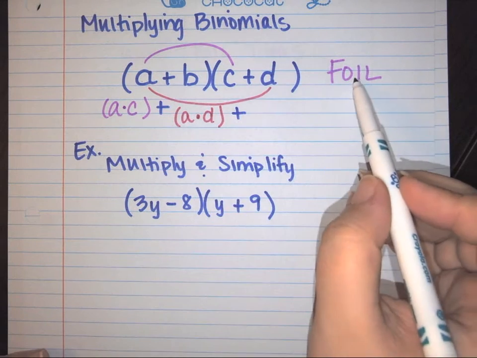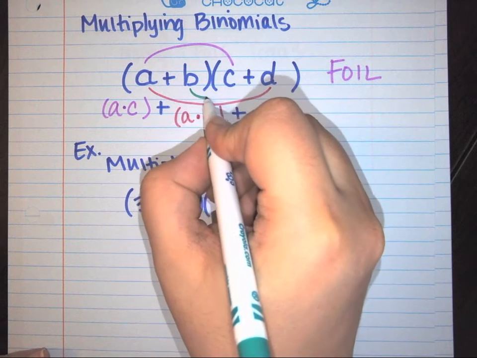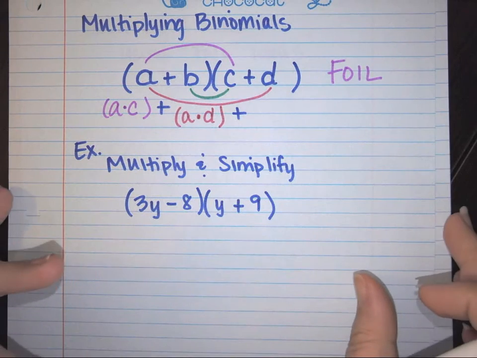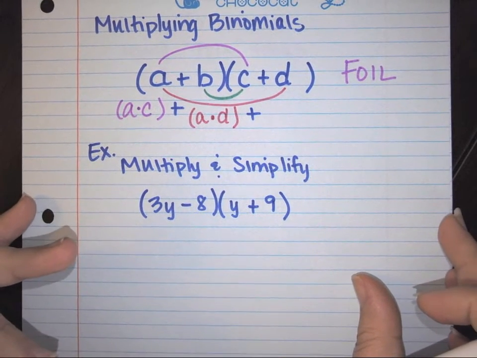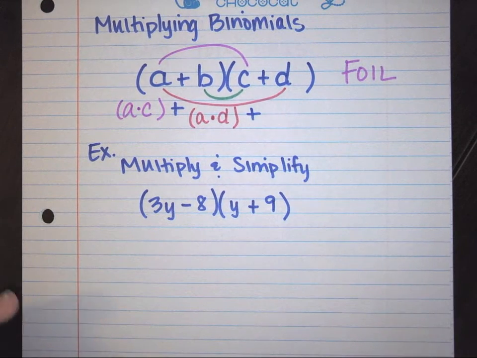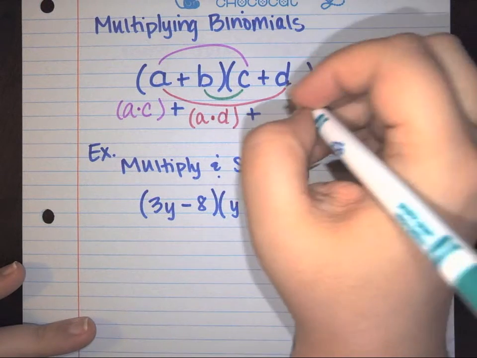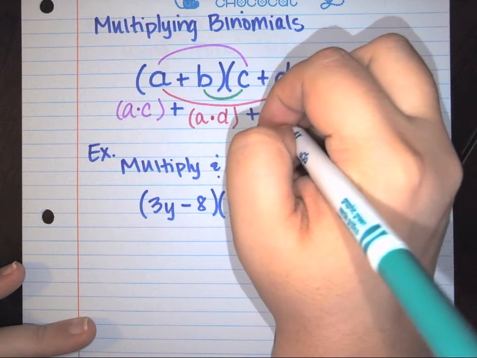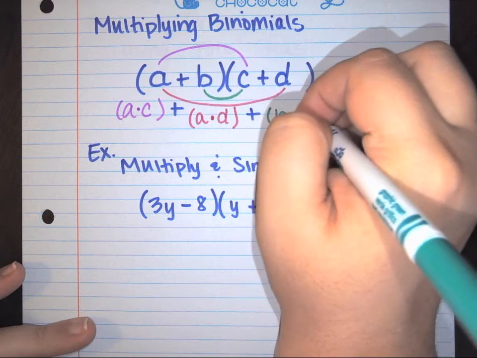I stands for inner. It is your innermost two terms. I like to think of it as they are the ones that are right next to each other but belong in different binomials. So here this is going to be the term B times C.